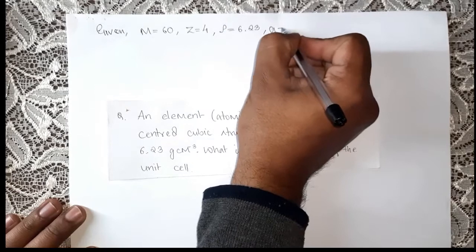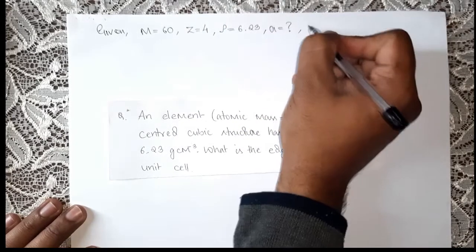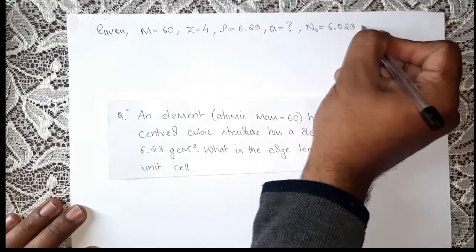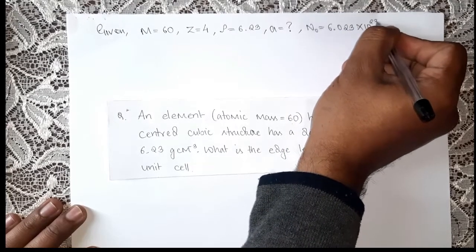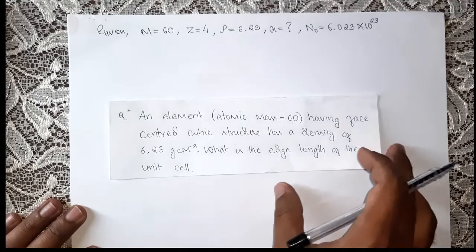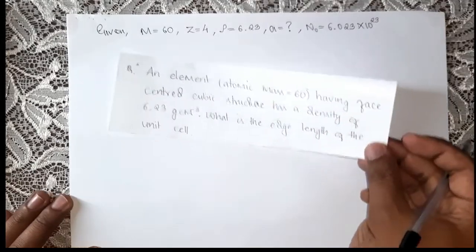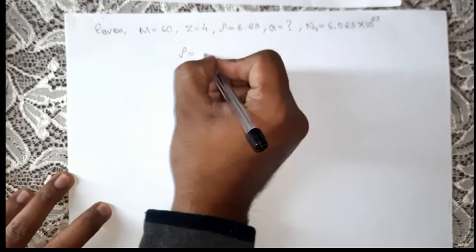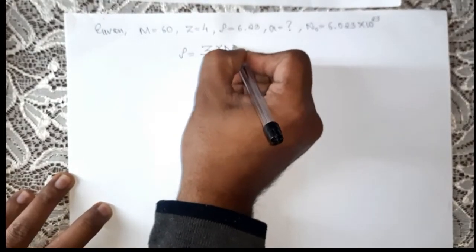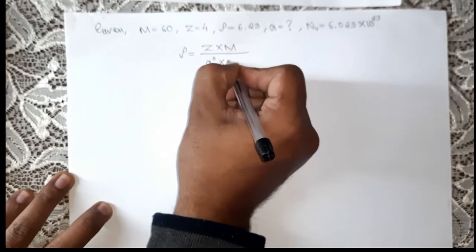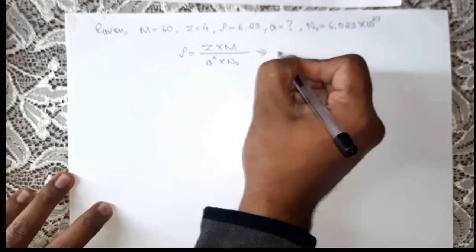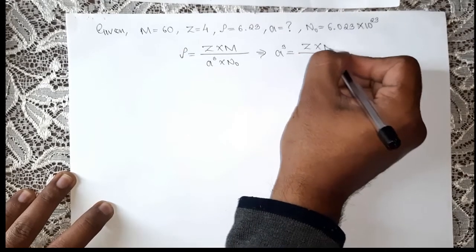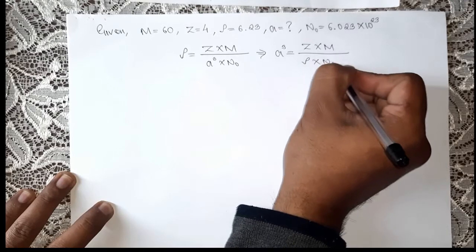So you're supposed to calculate a, and your Avogadro's number will be 6.023 into 10 to the power 23. So these are the givens from the question. Now we will just write down the formula. We have density equals Z into M over a cube into N naught, which I can rewrite as a cube is equal to Z into M over density into N naught.